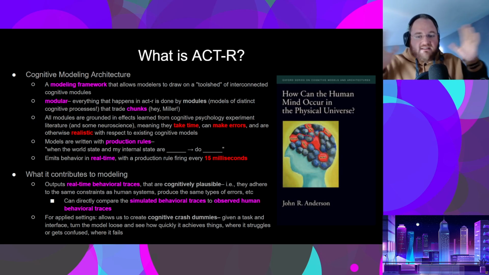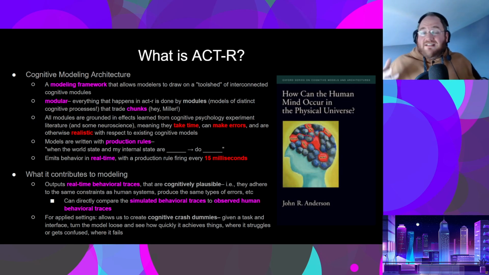So they're otherwise altogether cognitively realistic, right? They produce behavior that, as long as it's following its particular rule set, which you as the modeler will write, creates a believable behavioral trace.